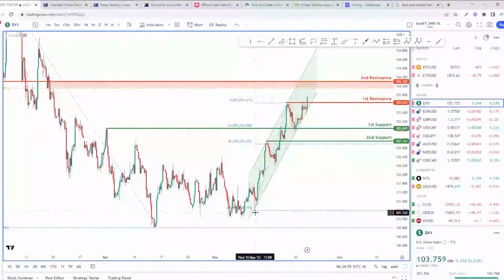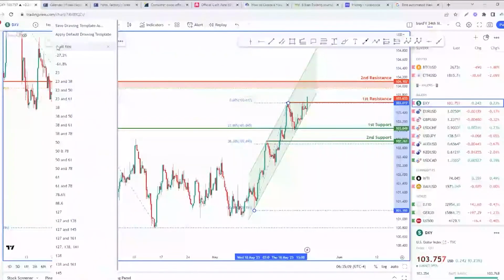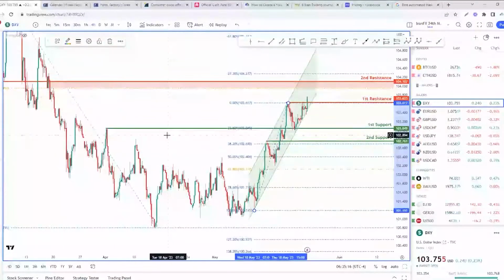Then we ran our Fibonacci retracement from the bottom left to the top right. And as you can see, when you run the Fibonacci retracement, you select all the fibs, and it gives you all the Fibonacci ratios here.